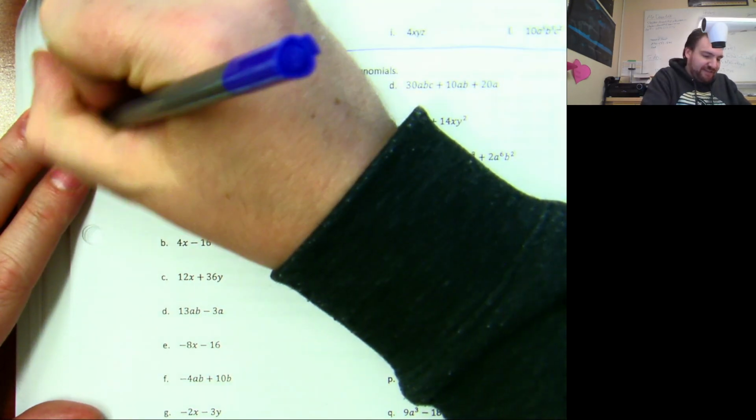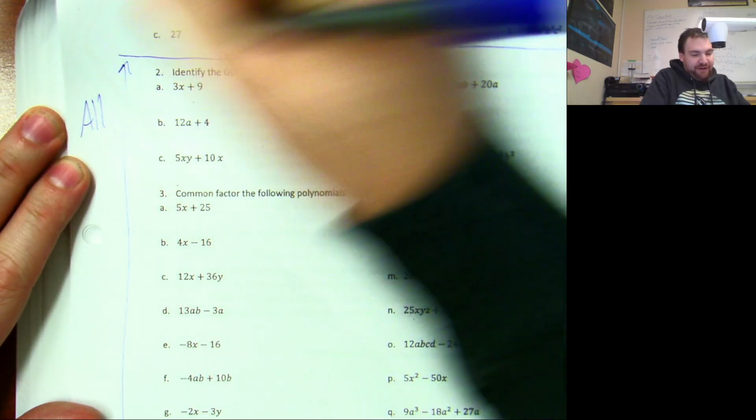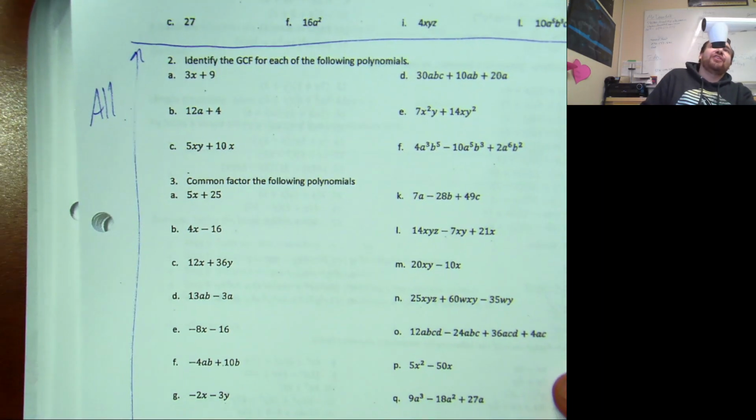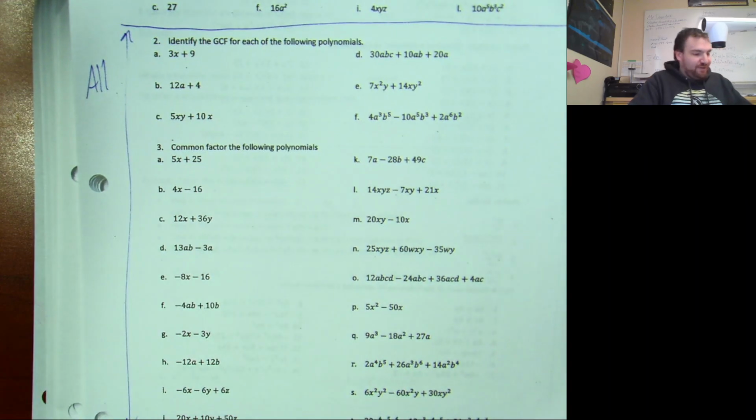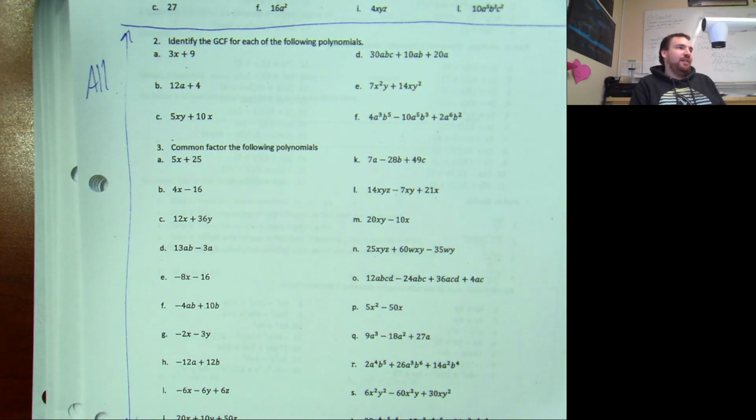Do all of 2 and 3. That is what I want you to do. Where are the answers? There aren't any. The answers are right here. May the force be with you all. You're doing them all, question 2 and 3, all. Give it a shot.